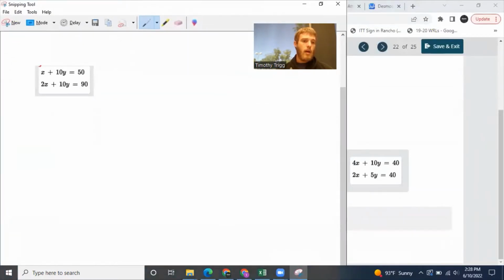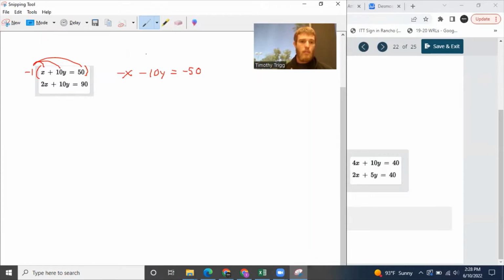For this one, let's say I want to cancel out the y's in this case. If I want to cancel out my y's, I would just multiply this top equation by -1. That way I'll have a negative 10y on top and a positive 10y in the bottom equation. So let's go ahead and distribute this negative 1 here into each term, giving us negative x minus 10y equals, and then negative 1 times 50 is negative 50.